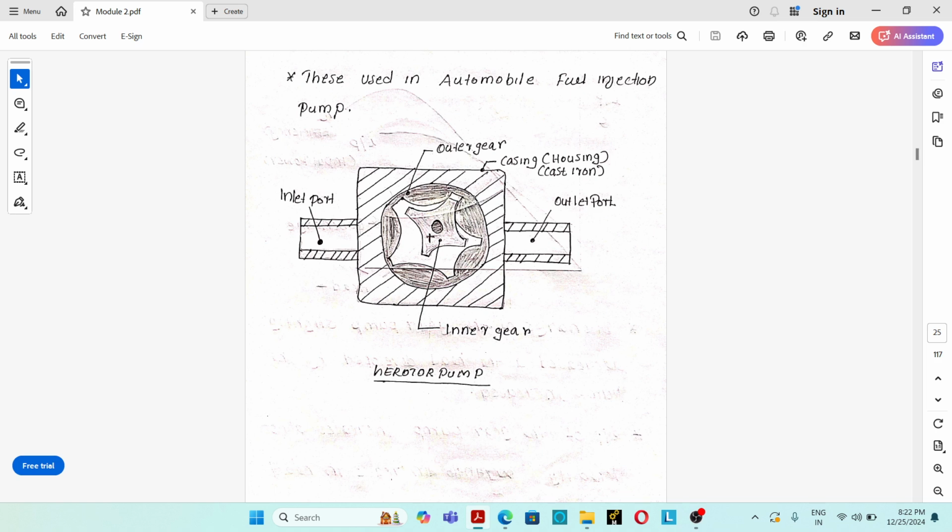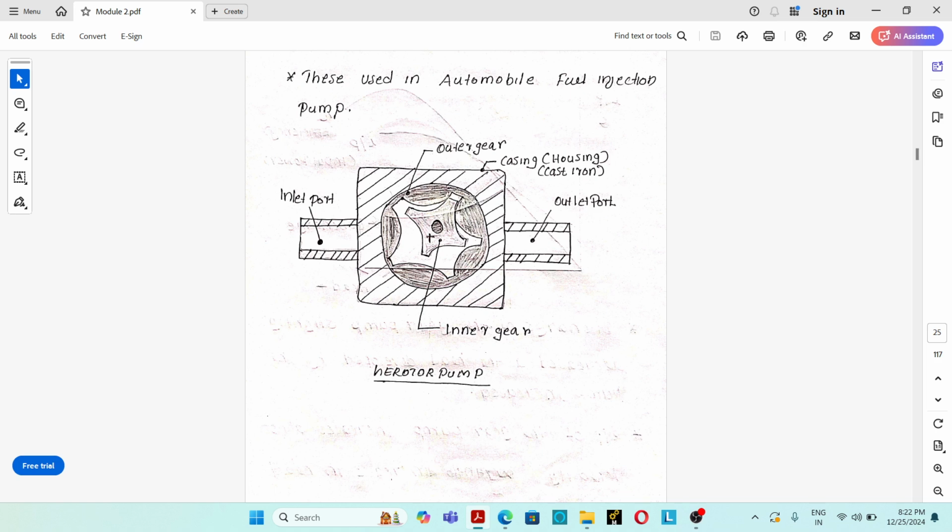As the inner gear and outer gear rotate on two axes, the chamber size varies when the gear is rotating. Near the inlet port, the chamber size will be increasing. As the chamber size increases, a vacuum, a low pressure, will be created near the inlet port. Hydraulic oil enters the pump chamber and is trapped between the gear teeth, and is carried to the outlet port.